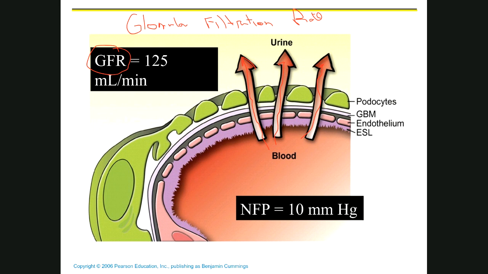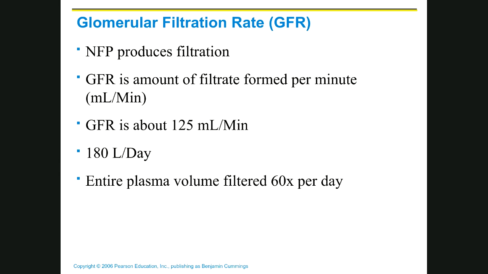And if I again take 180 and divide it by 24 and then divide that by 60, I'm going to get this number right here, 125 milliliters per minute. So that's a normal or average GFR. GFR, amount of filtrate formed per minute. And the average is 125 milliliters per minute if I'm filtering 180 liters a day.